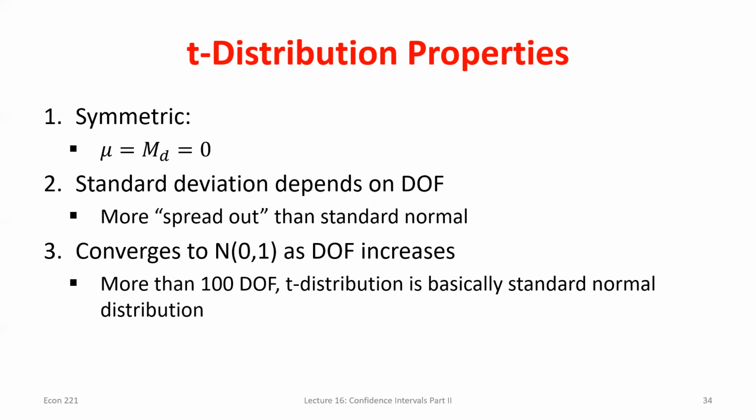Another reason why high sample sizes are good. So usually if we get up to like 100, it's a pretty good approximation. I'll show you here in a little bit. If we get up to 1,000, it's almost indistinguishable. It is indistinguishable at the second decimal level. Okay?